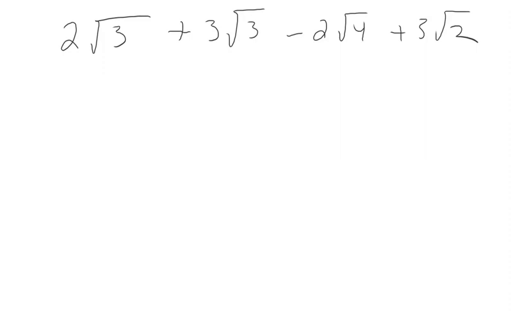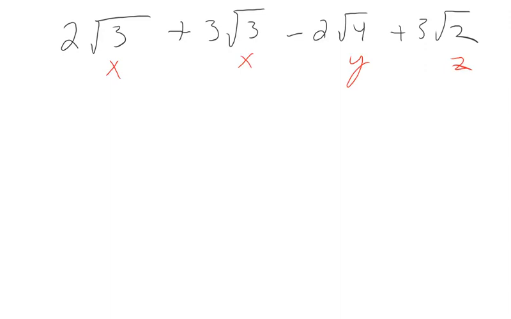So the way I like to think about combining radicals is I pretend these are variables, right? Like this is an x and this is an x and this is a y and this one's different, so this would be a z, right?